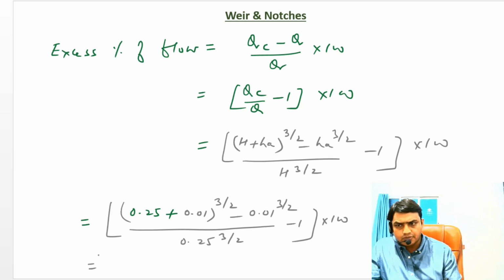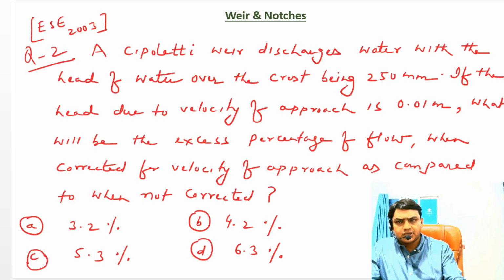So this value will be coming 5.3%. So C option is correct, 5.3%.